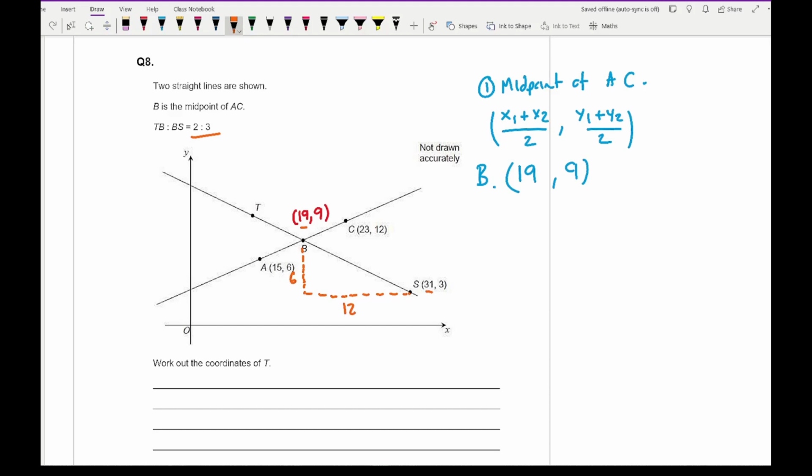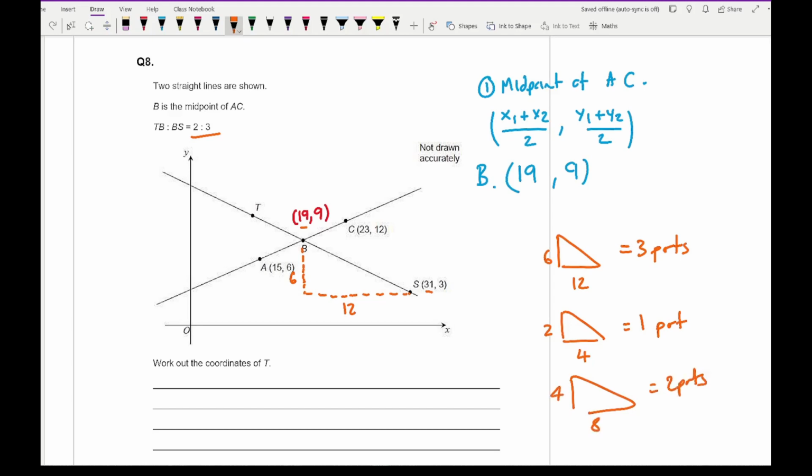Now this equates, so 6, 12 refers to 3 parts. So then 1 part is going to be 2, 4. And then, so that equals 1 part. So then 2 parts is going to be 4, 8. So then the difference between here and here is going to be 8, and that's going to be 4.